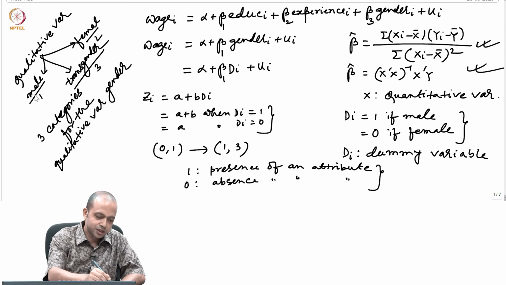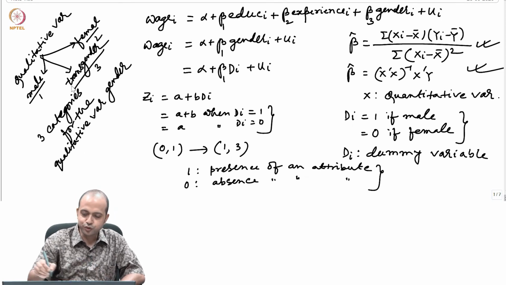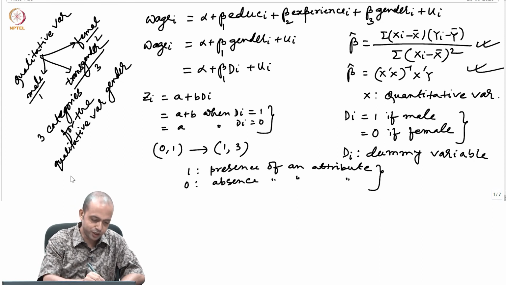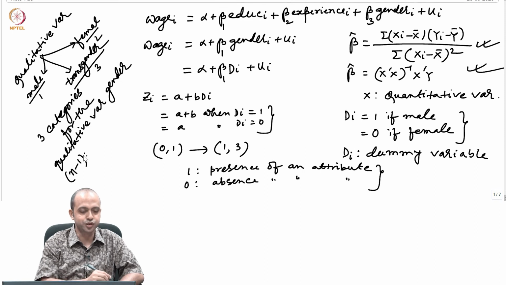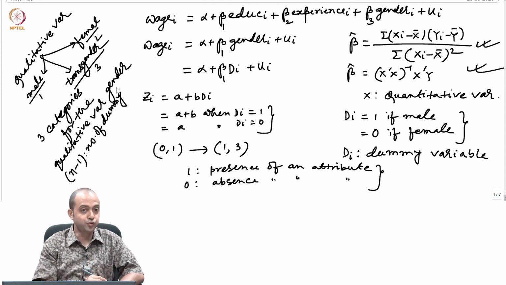Here, I have 2 categories, male and female, and that is why I have introduced one dummy. So, the number of dummies should be n minus 1, where n is the number of categories. And if you introduce n dummies for n categories, then you will have a situation called the dummy variable trap.